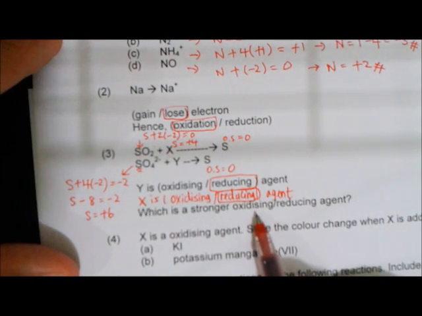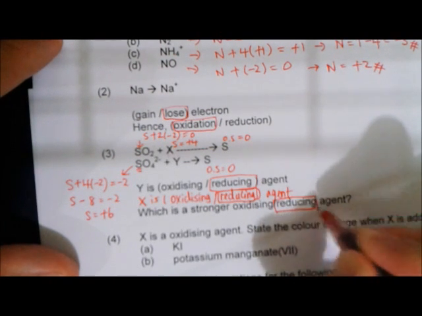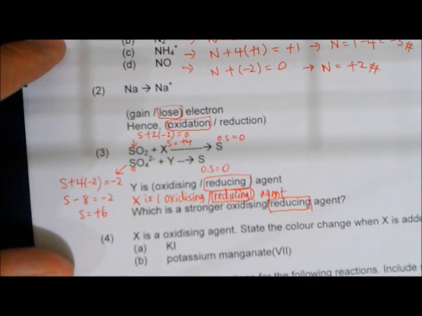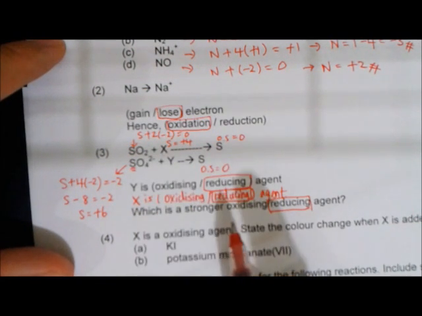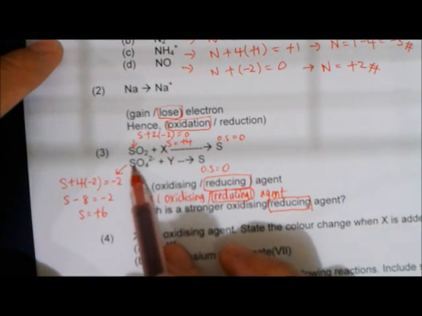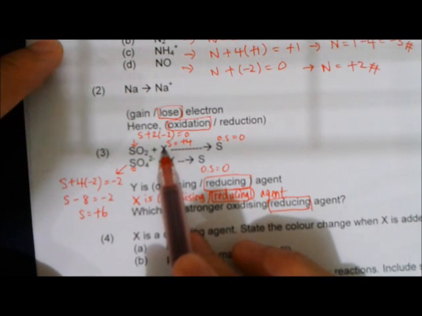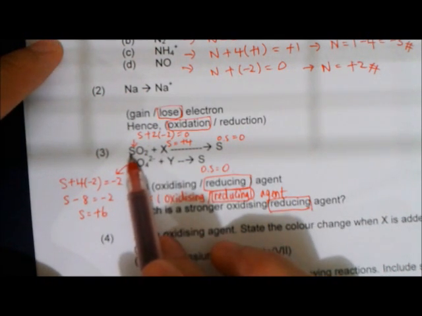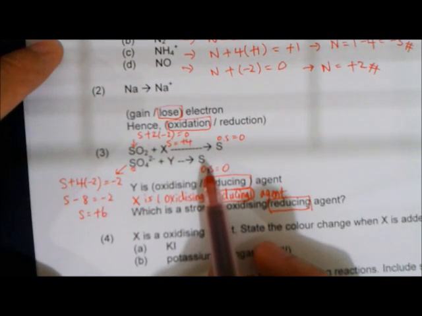Now, in this case, which is a stronger reducing agent? X or Y? Then we have to look at what is the change in oxidation state. Y actually makes the oxidation state of sulfur change from 6 to 0. The difference is 6. How about for X? X makes the oxidation state of sulfur change from 4 to 0.